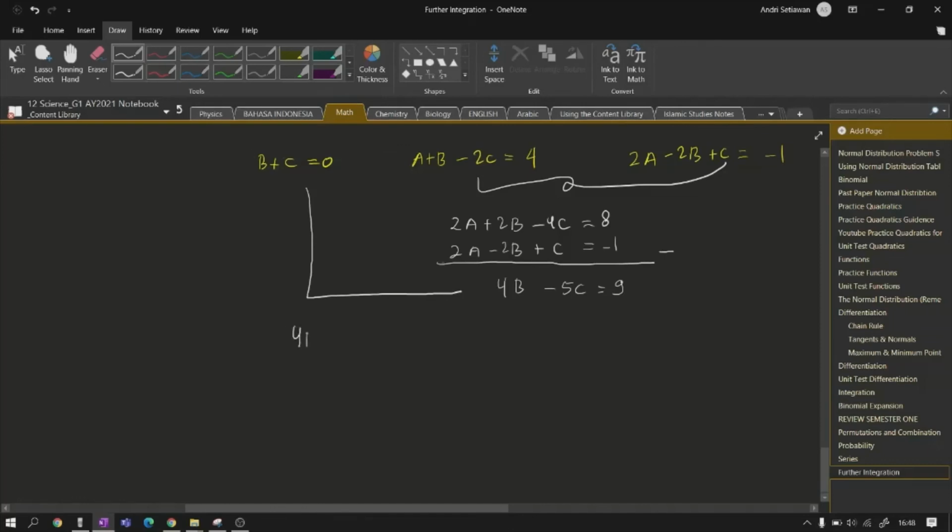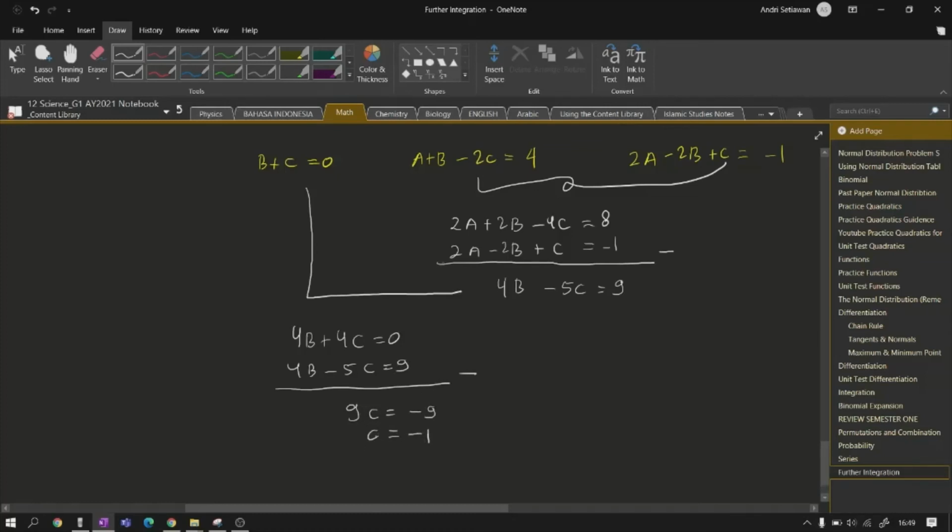We get 4b + 4c = 0, and for this one 4b − 5c = 9. Since the coefficient of b is the same, we can use subtraction. Minus times minus is plus, so we get 9c = 0 − 9, so c = −1.